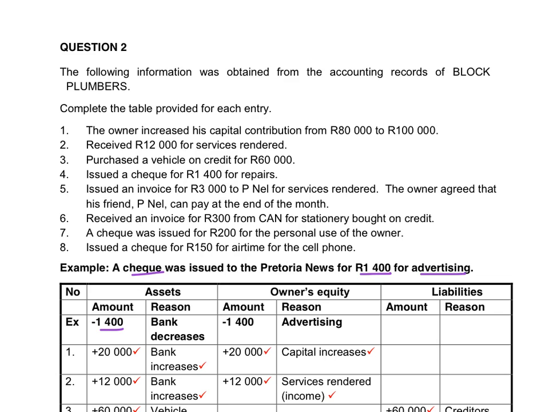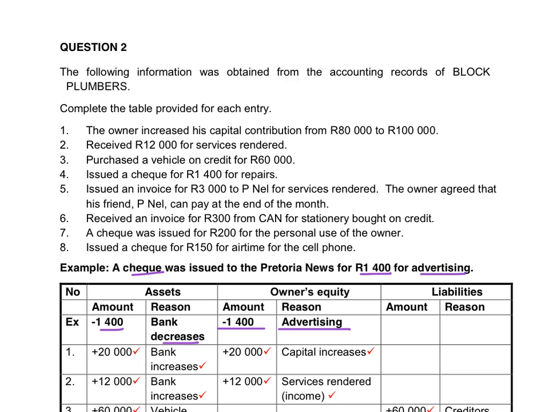Because you take money out of the bank, it decreases with 1,400. Advertising is an expense. Expenses decrease profits. So that means the owner will get less profit, so the owner's equity will decrease with 1,400. And the reason for it is that you paid advertising.